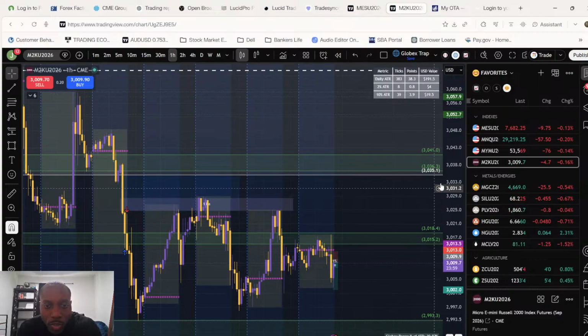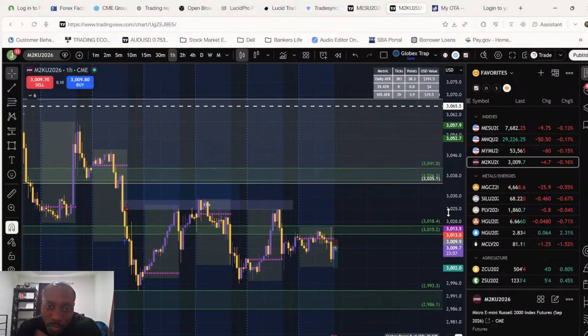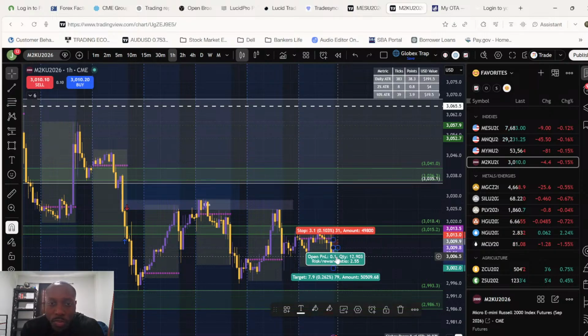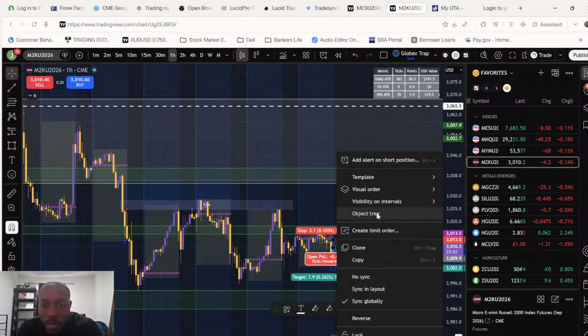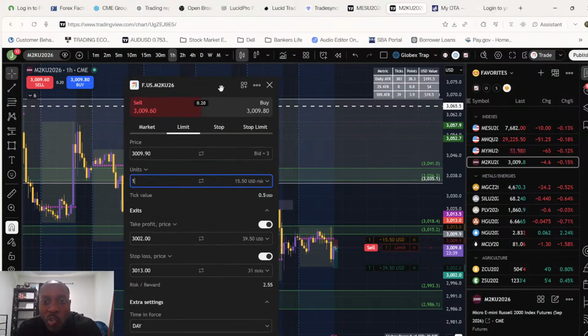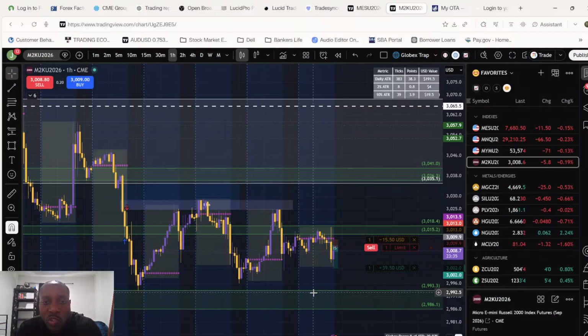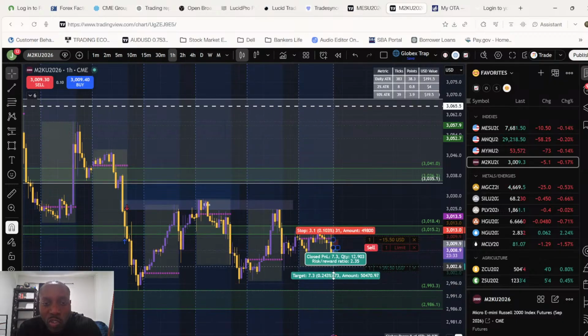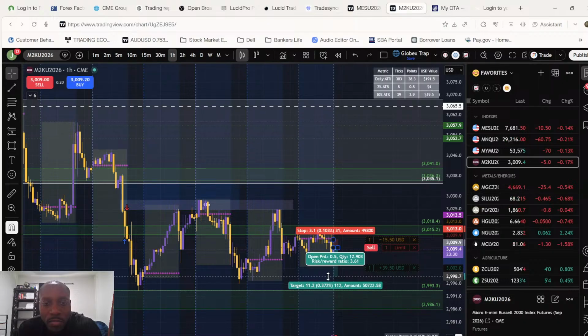This thing looked like it wanted to run up, which, you know, very possible. Positive expectancy got to make sense.